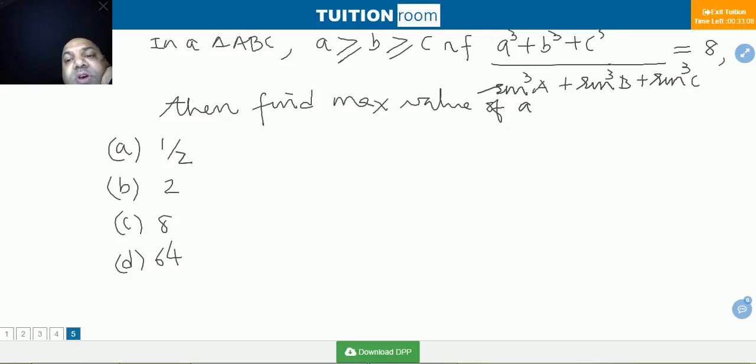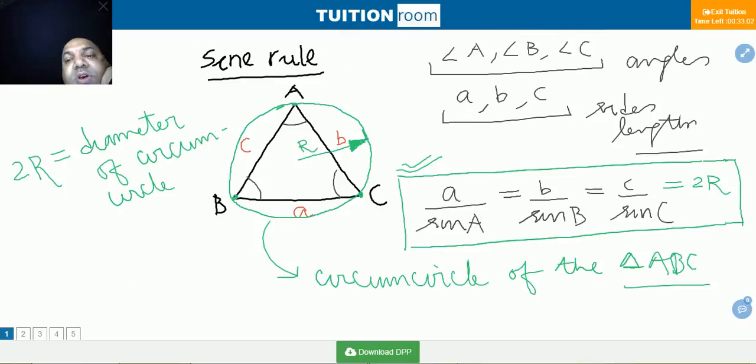Now, from the sine rule, we can use that a by sine A is equal to 2R. Every ratio is equal to this much. This is equal to 2R, as well as this is equal to 2R, as well as this is equal to 2R.